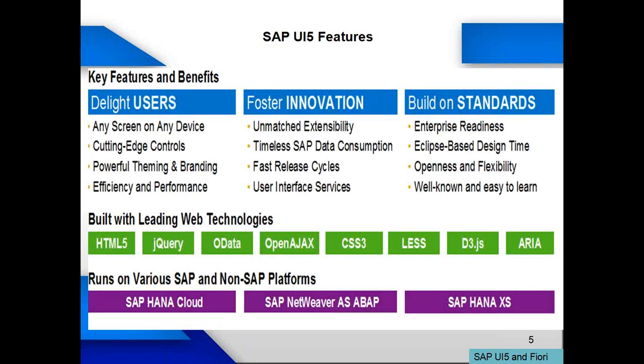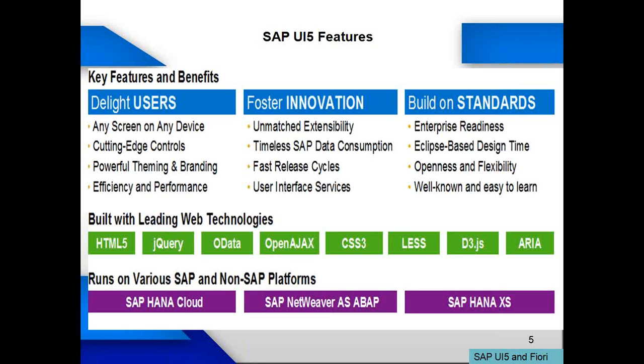And what are all the SAP UI5 features? As we already discussed, the SAP UI5 application will fit on any screen, and it has a rich set of libraries. It has cutting edge controls, powerful theming and branding, and its performance is very good compared to other mobile applications.